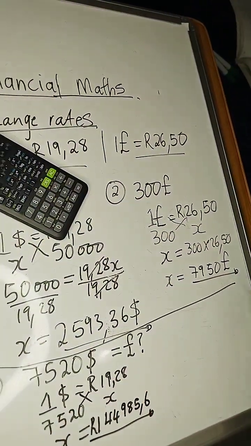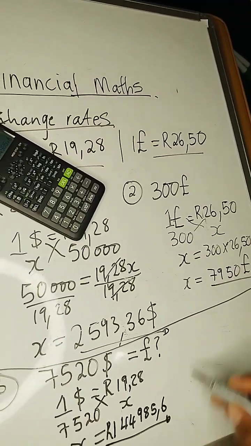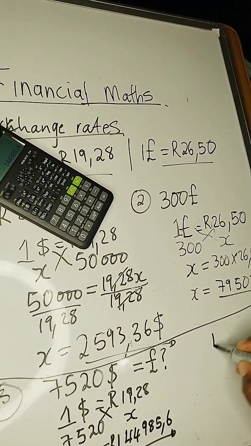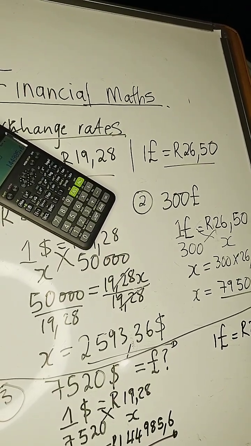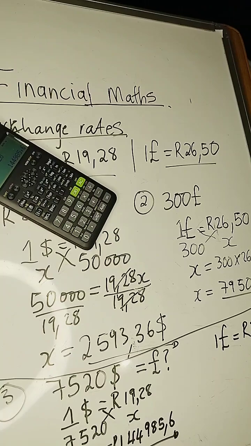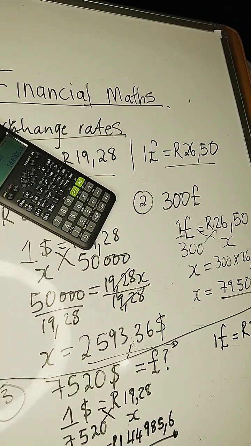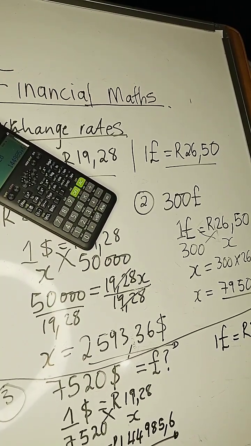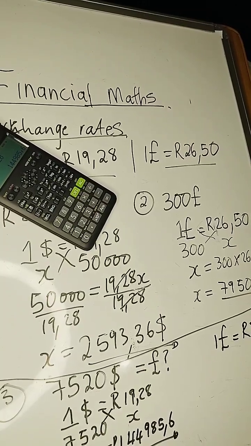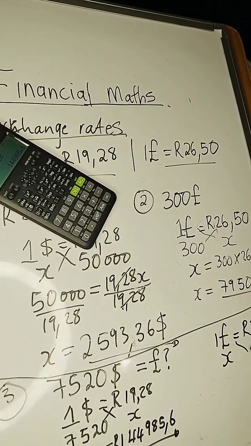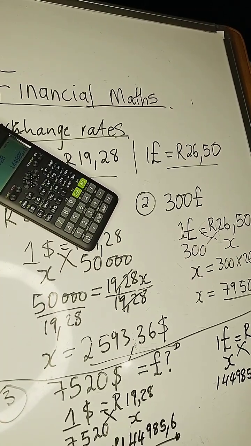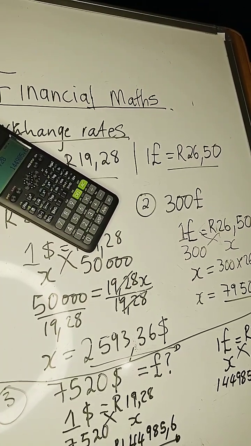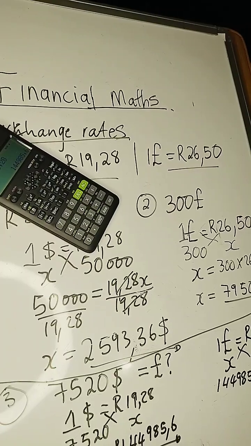Then you convert this that you have in rands. I say 1 pound is equal to 26 rand 50. I have this now to be 144,985.6. I have x here. I cross multiply. I will have 144,985.6 equals 26.50x.